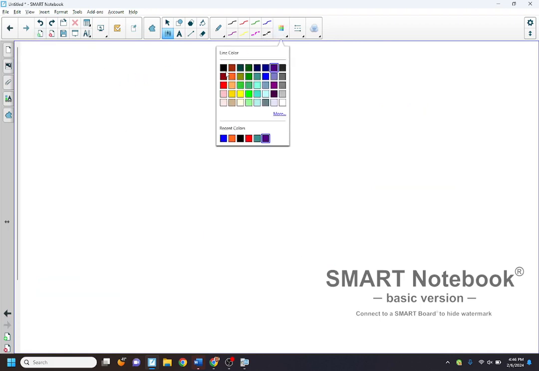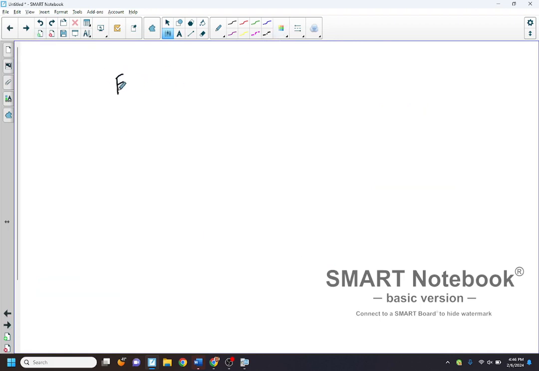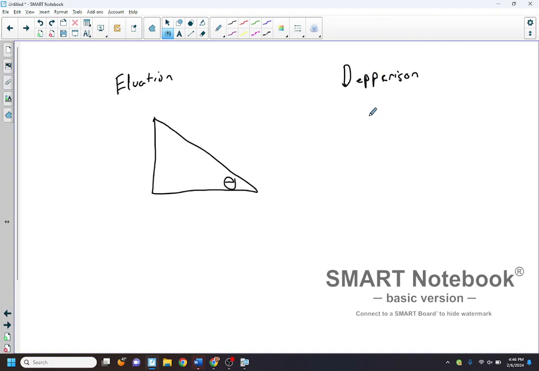One thing to keep in mind in a word problem, if you see the word elevation, that means the angle looking up. So it'll be this theta over here. If you hear depression in the question, you're looking at this angle downwards.